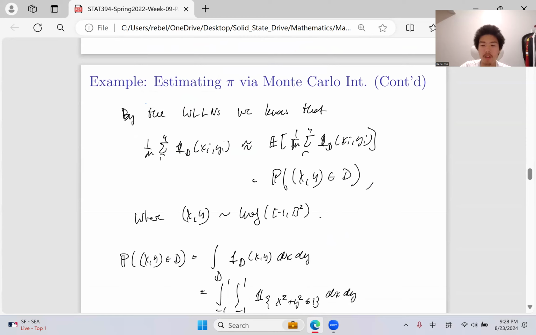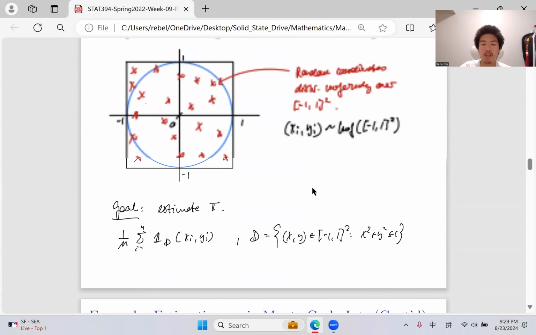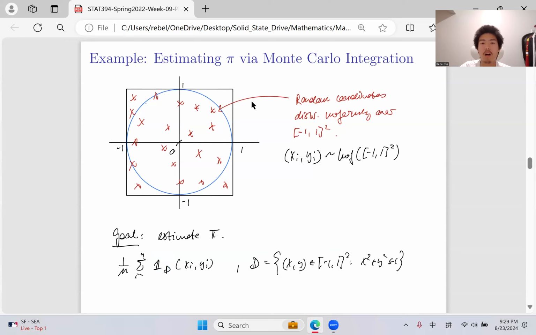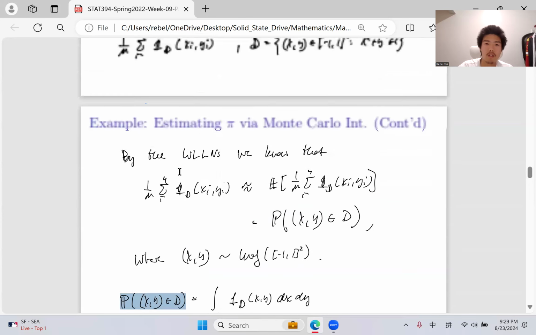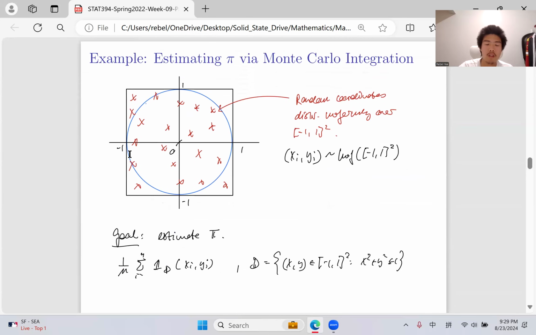And the expected value of this term is just the probability that (x, y) belongs to D, because it's a uniform distribution over this square of area 4. And this can also be represented as an integration of the area.